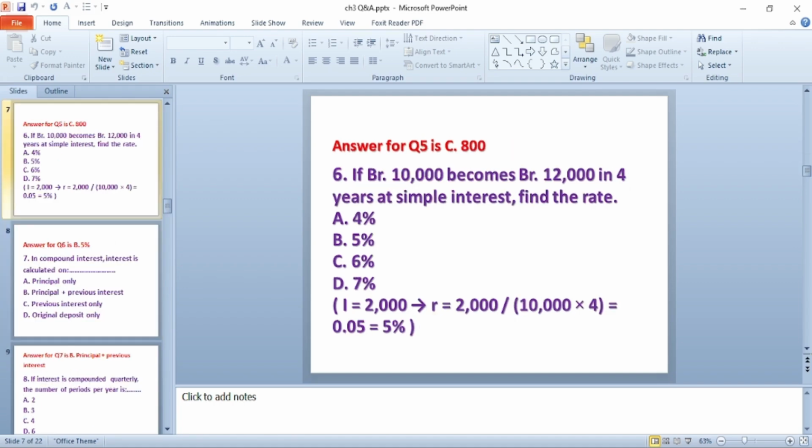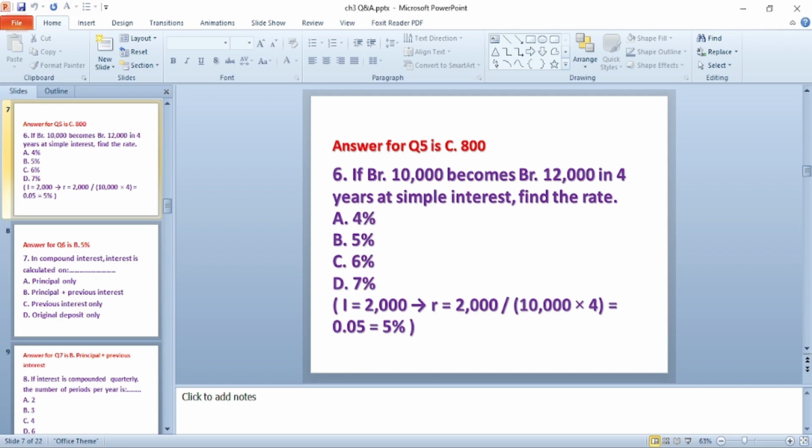Question number 6. If birr 10,000 becomes birr 12,000 in 4 years at simple interest, find the rate. Here the interest is 2,000, because the value at the end of the 4th year is 12,000 and the principal is 10,000.